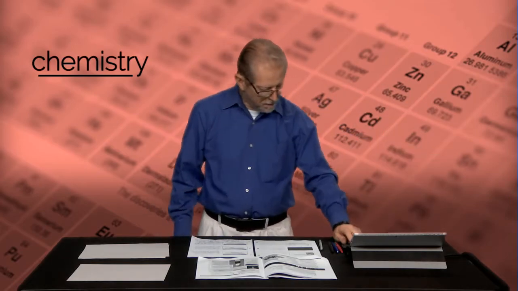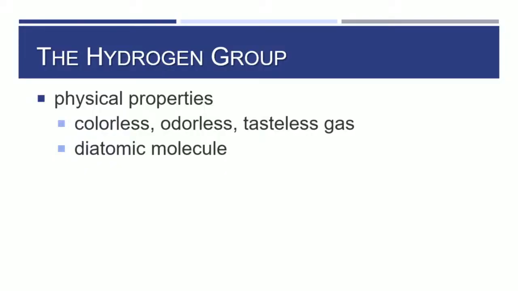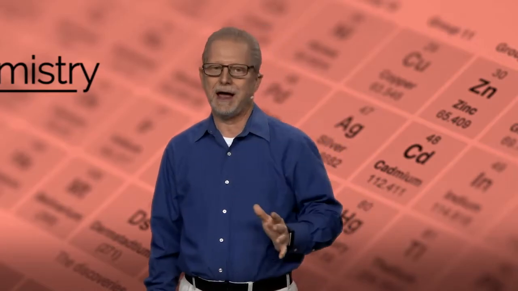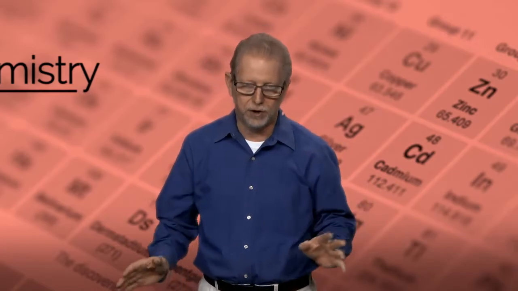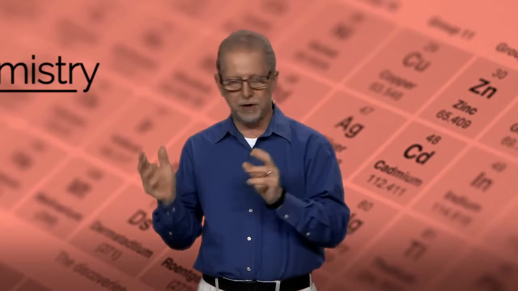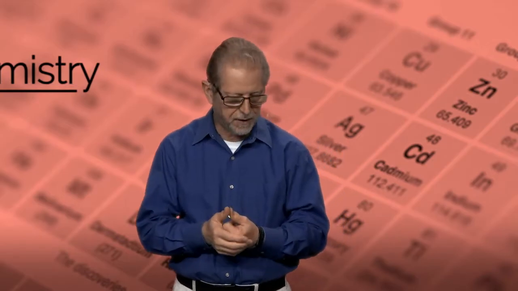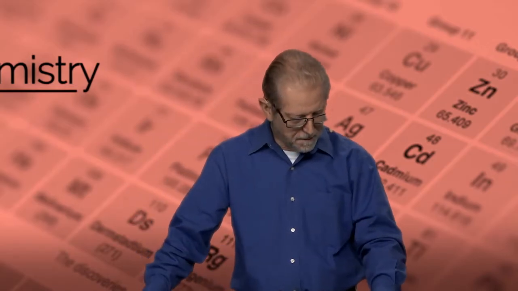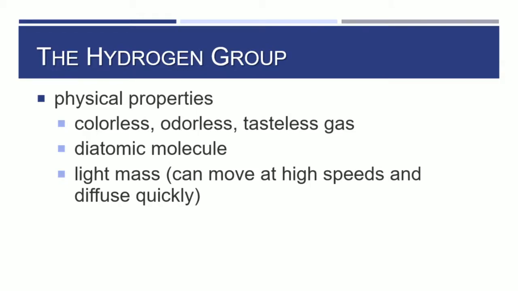Next, diatomic. Now there are 7 diatomic gases, and as we go through this, we'll talk about them. You'll hear them popping up from time to time. This is the first of them. Next, it has a very light mass. You know, hydrogen is a very light element.